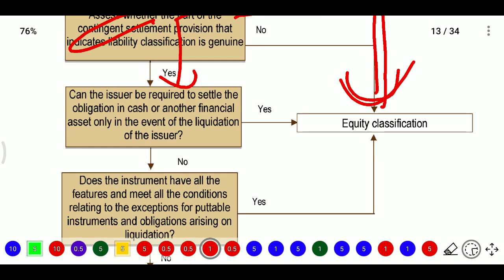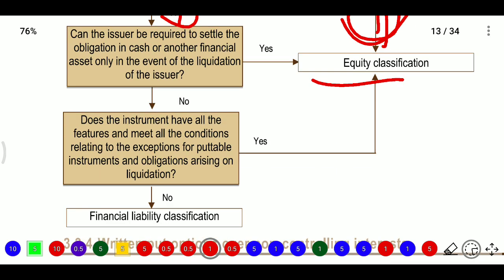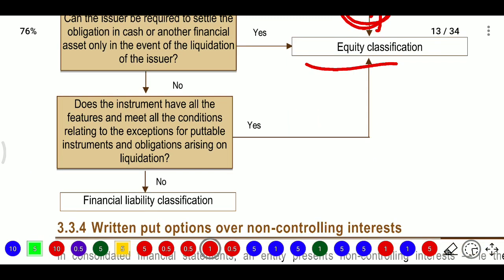Next, can the issuer be required to settle the obligation in cash or other financial assets only in the event of liquidation? If only in the event of liquidation, it becomes equity classification. If that is not the case, then does the instrument have all the features and meet all the conditions relating to exceptions for puttable instruments and obligations arising from liquidation?